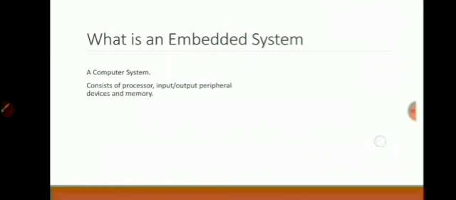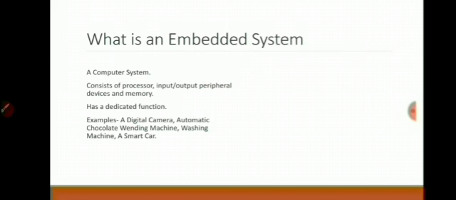This system is designed to do a specific task, which means it is designed just for a dedicated function. Some examples of embedded systems are a digital camera, a chocolate vending machine, a washing machine, a smart car, etc.